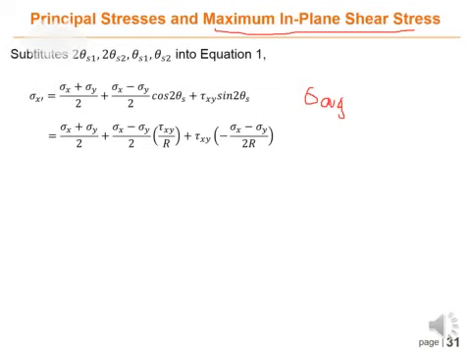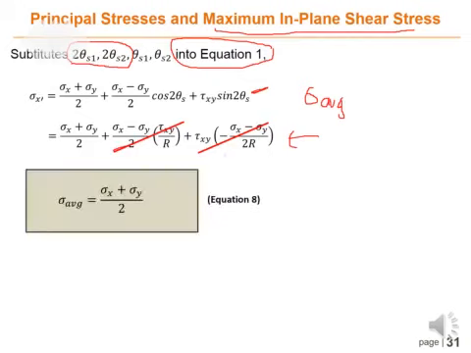For this you have to substitute 2 theta s1 and 2 theta s2 into equation number 1, and you will get this equation. You can eliminate this term and also this term, and you will get the sigma average, which is equal to sigma x plus sigma y divided by 2, and this is equation number 8.